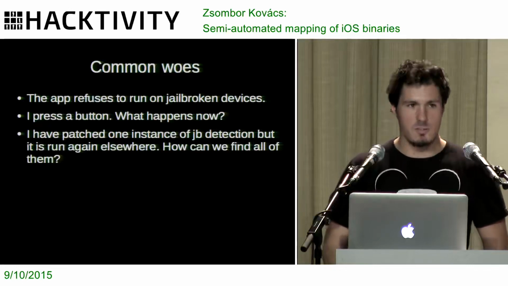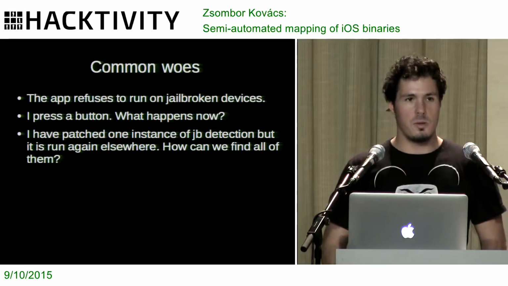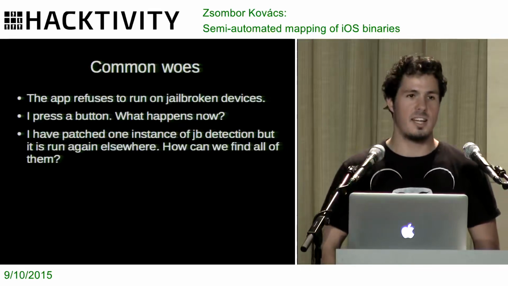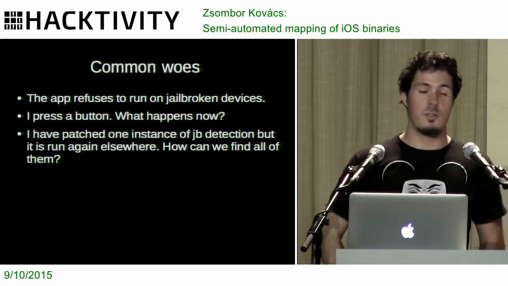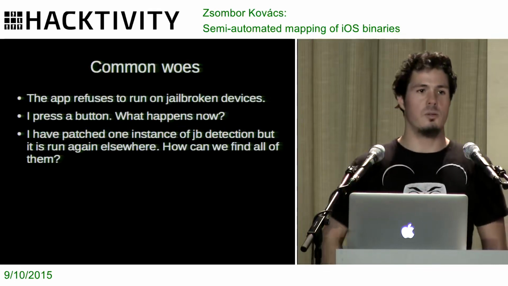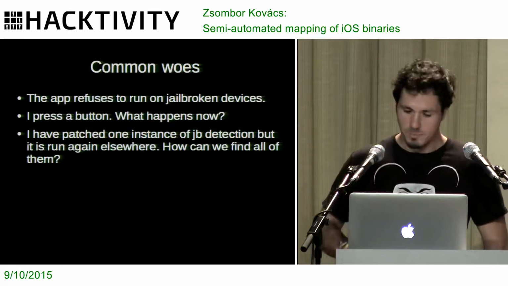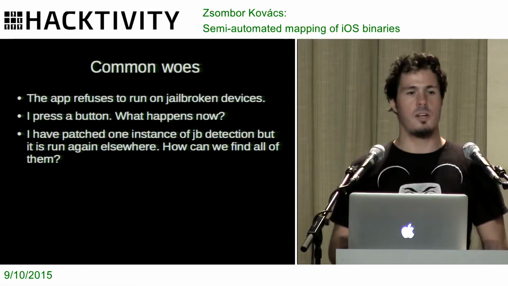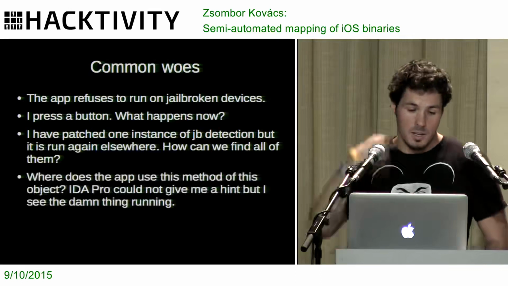You patch that particular section of the binary, and you run the app again with your pulse over 180, and boom, jailbreak detection kicks in again, but at some other place. And you usually have to do this over and over and over again, and this is as boring as it sounds. So we want some kind of method to find each and every occasion where jailbreak detection is made.